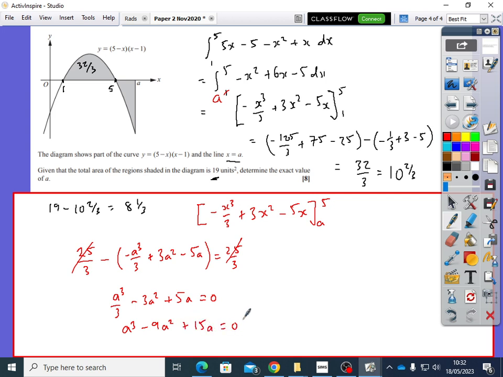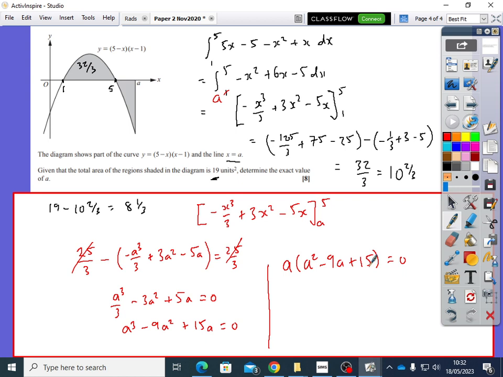Now if I factorize this, take the a out, I'll end up with a squared minus 9a plus 15 equals 0. Okay, and then if I factorize that further, thinking what numbers, 3 and 5 was 15.